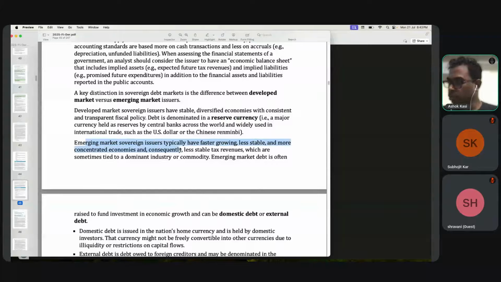Emerging market sovereign issuers typically have faster growing, less stable, and more concentrated economies, and consequently less stable tax revenue. More concentrated economies means they are not that open to the world, so they will be a little conservative. Why?